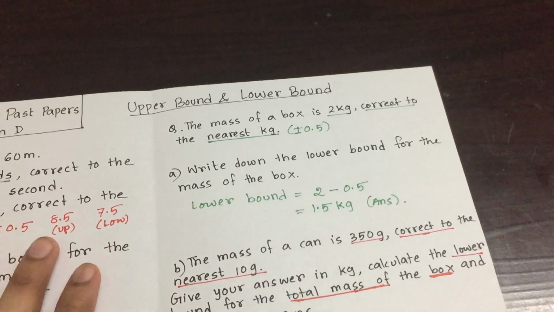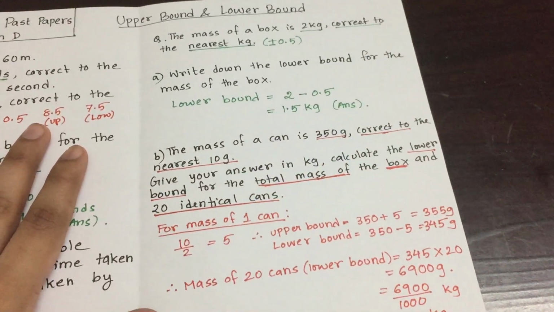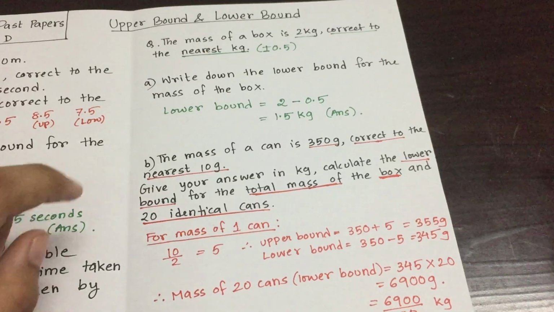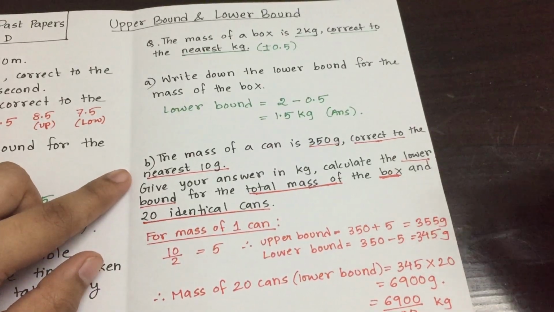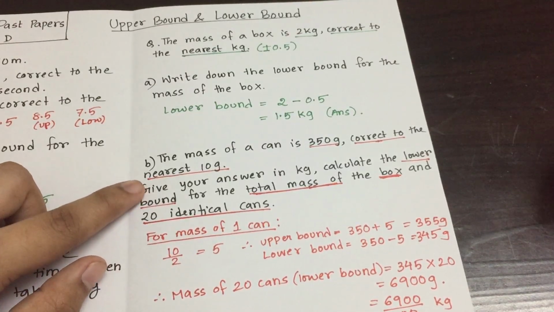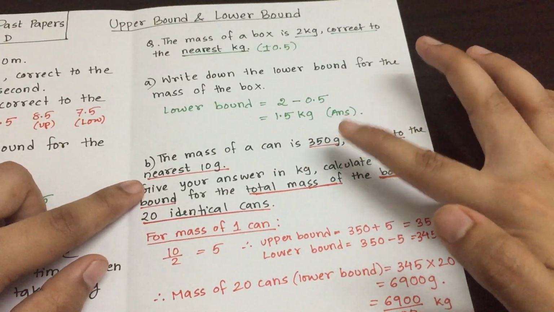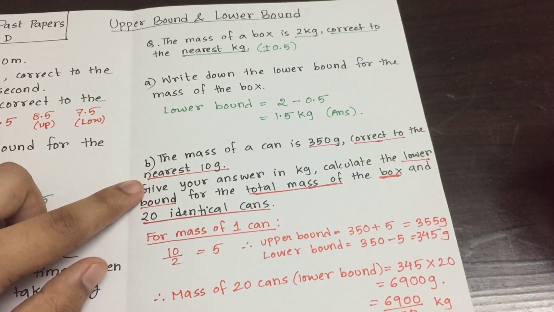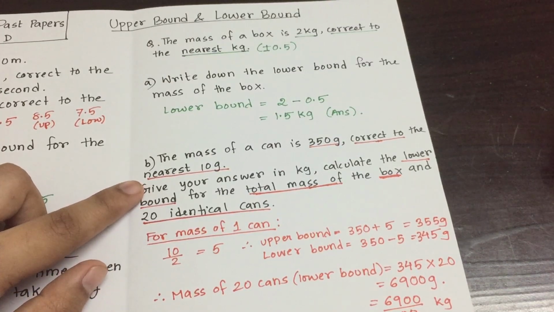Now comes the second part. This part is quite tricky. So here it says the mass of a can is 350 grams correct to the nearest 10 gram. So here the can's mass is given in grams, and it's to the nearest 10 gram.